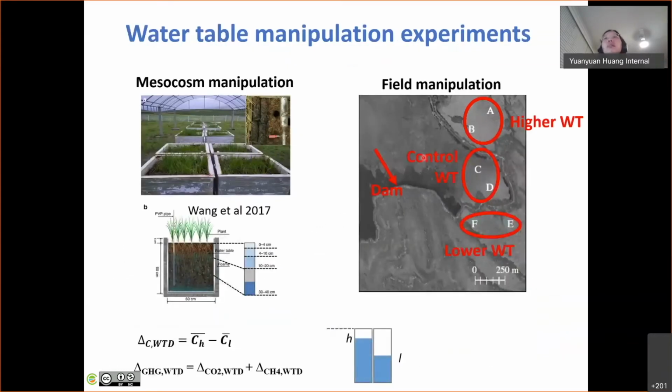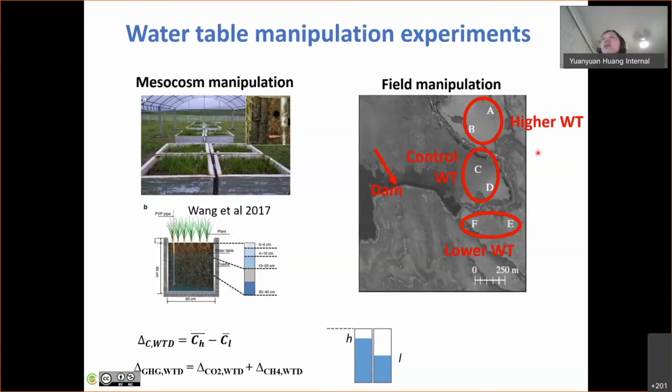Generally, to study the impact of water table drawdown on greenhouse gas emissions, people can conduct water table manipulation experiments. In these experiments, people try to keep other factors as similar as possible, except the water table. They manipulate the water table and see what the response of the ecosystem is.